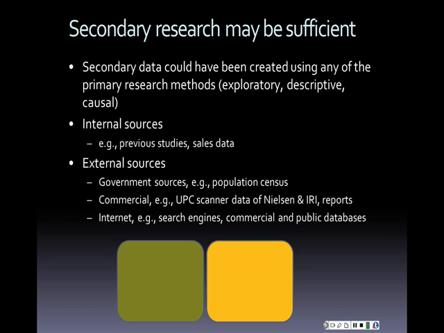There are also a lot of commercial sources. Now that means that you're going to be paying for the data, but it's still secondary research because it's already been conducted. An example of that would be UPC, or Universal Product Code scanner data, more simply called barcode data.